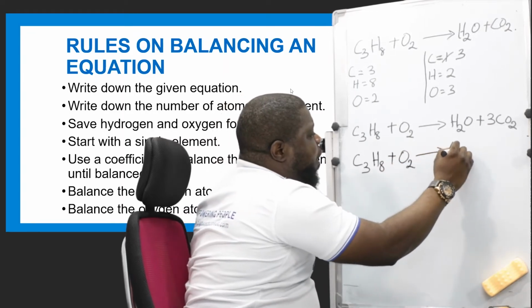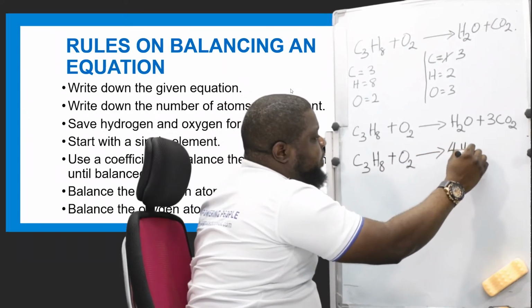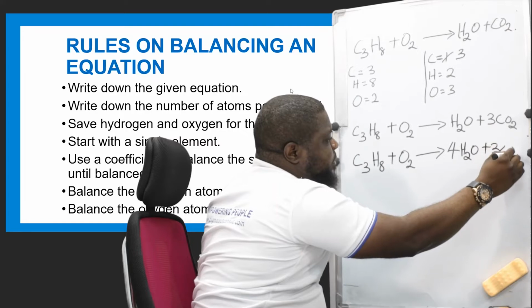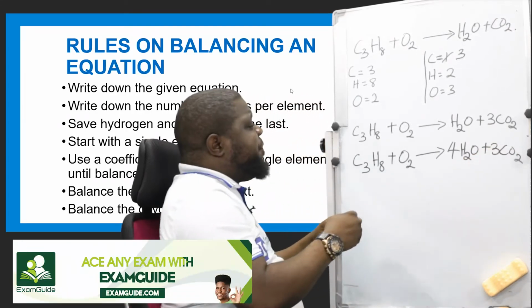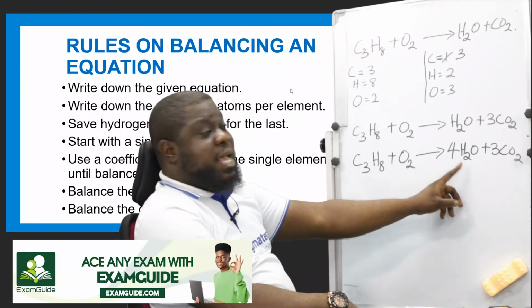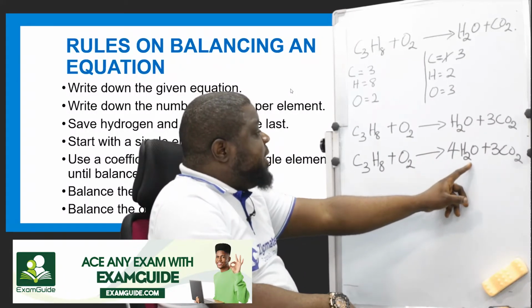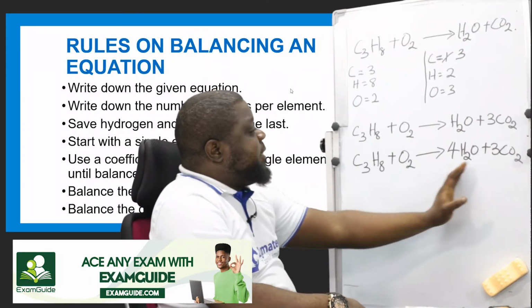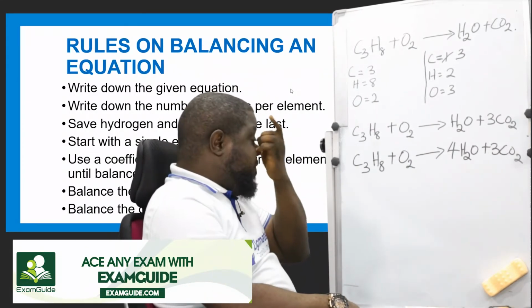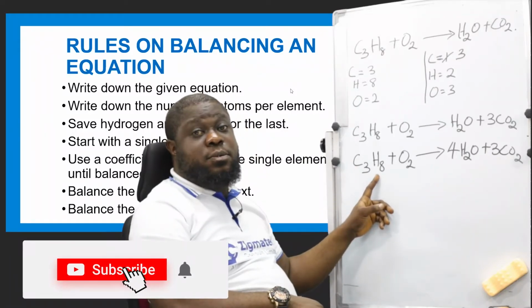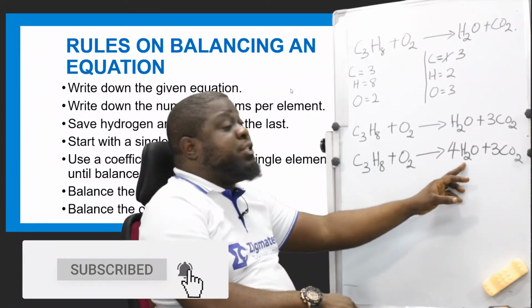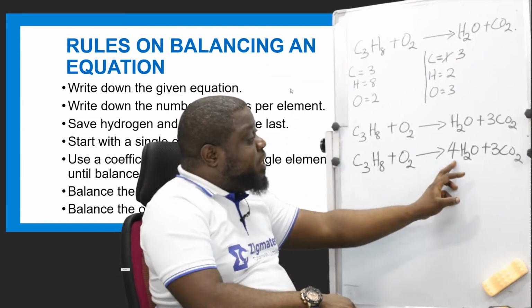We added 4 here. Adding 4 to hydrogen has given us 4 times 2 is 8. Here is 8 and here is 8. Hydrogen on the left is 8 now.